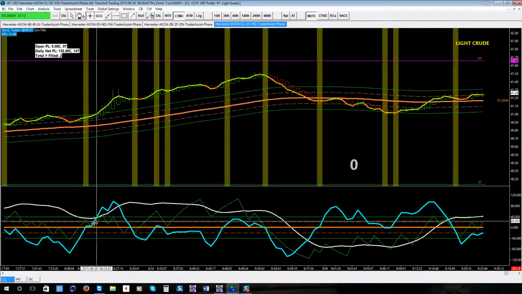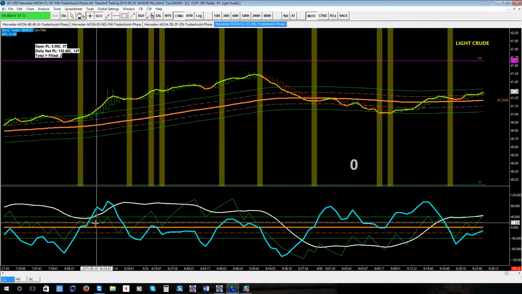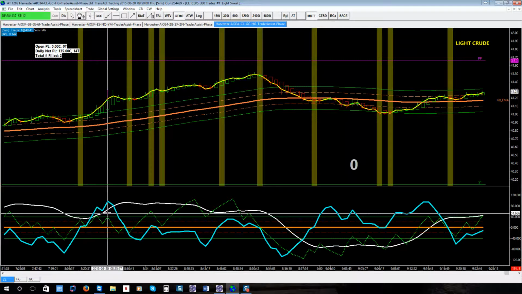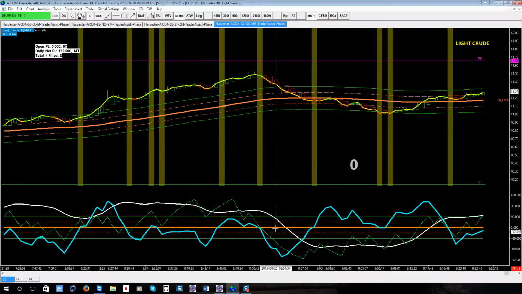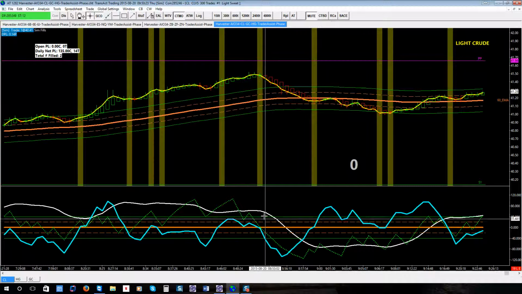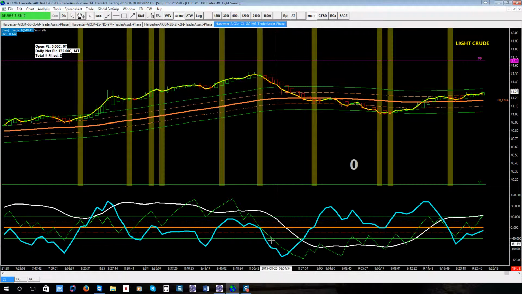And technically, what we want to do is take a position on the leading edge, as you either climb out of the valley, ascending to a peak for a long, or take a position for a short when you come off a peak, descending down into a valley.